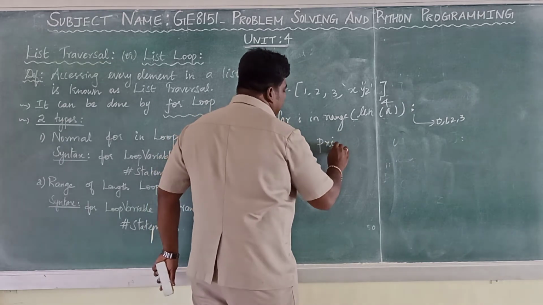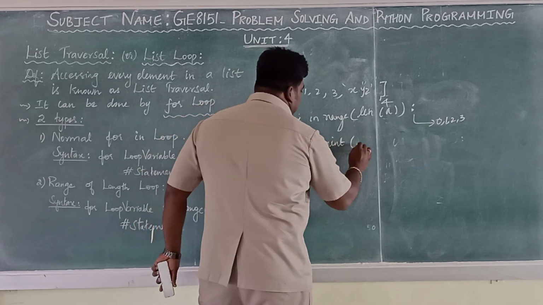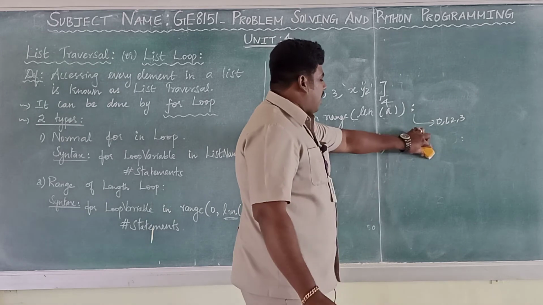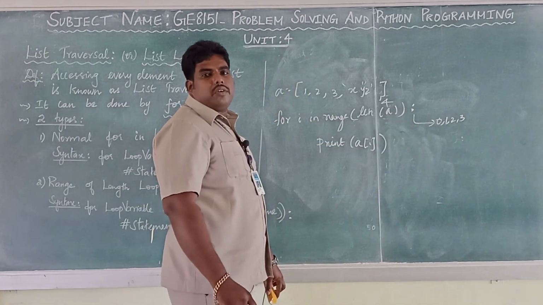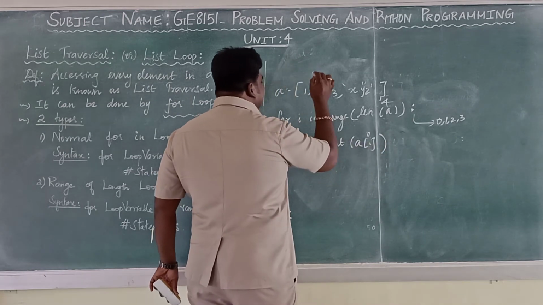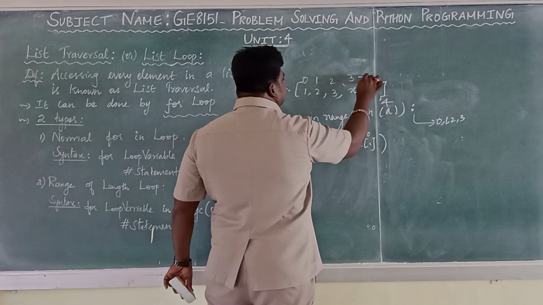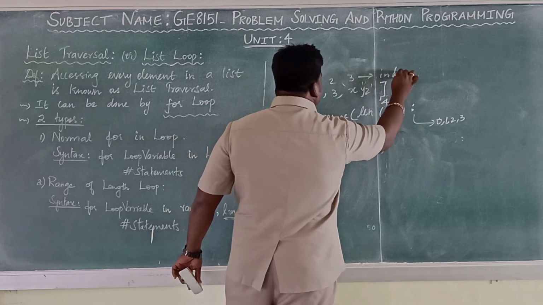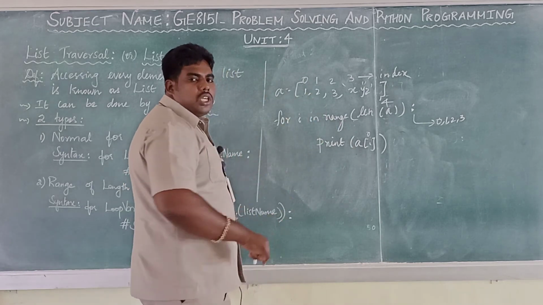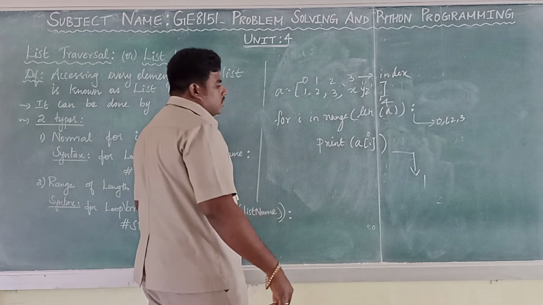So print A of I. In the list, this is index 0, this is 1, this is 2, this is 3. So A of 0. In the A list, which one is in the 0th position? 1. So it will print the output 1.